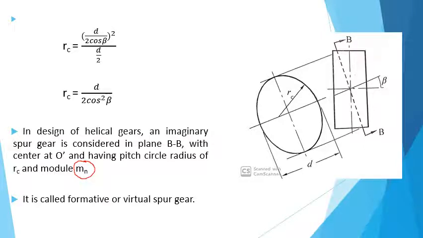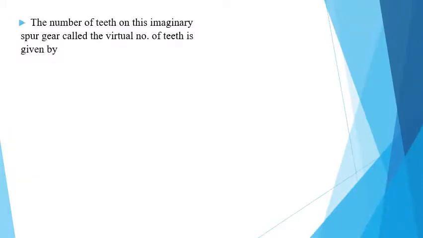This particular imaginary gear is called a formative or virtual spur gear, and the number of teeth in this gear is called the virtual number of teeth. So the number of teeth on the imaginary spur gear that we consider in the normal plane is called the virtual number of teeth, indicated by z suffix e.